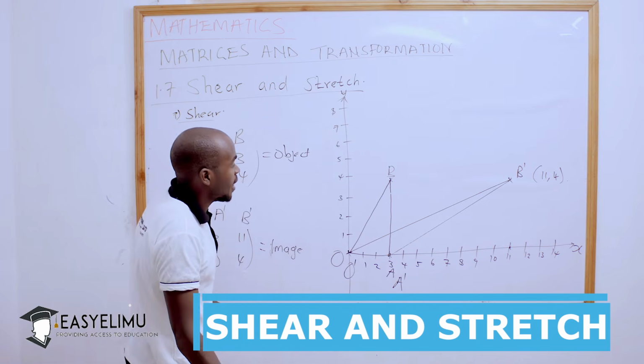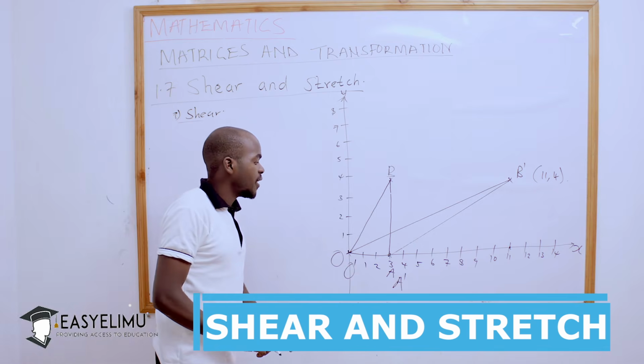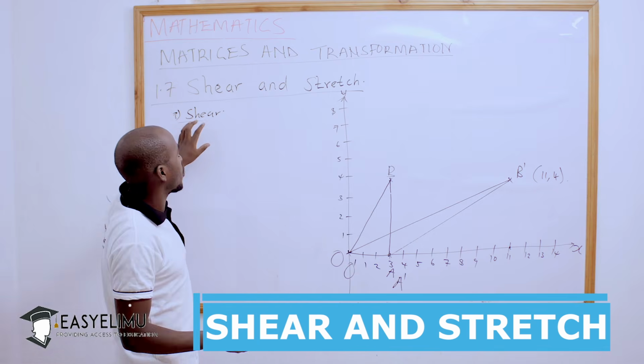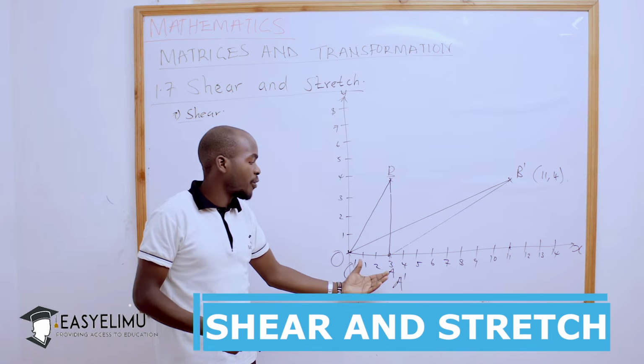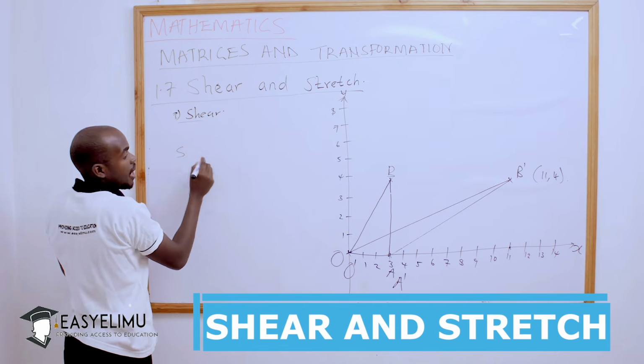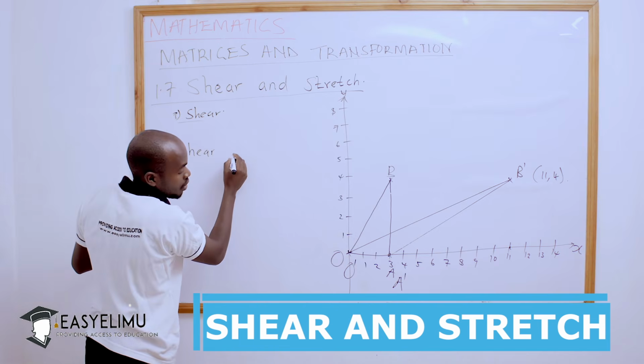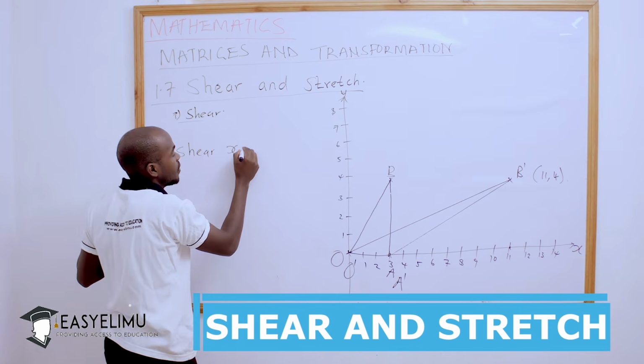From there we can describe that transformation. The shear matrix which we were provided with was a shear with x invariant.